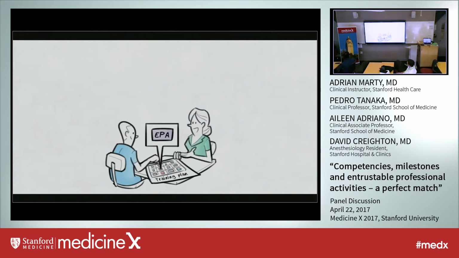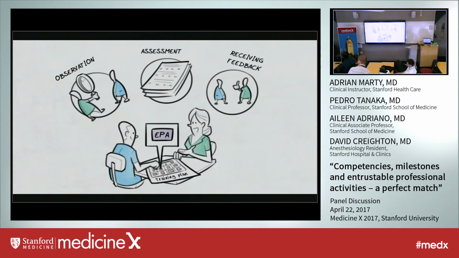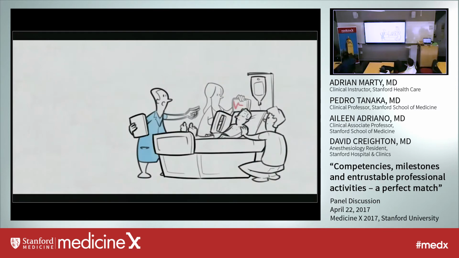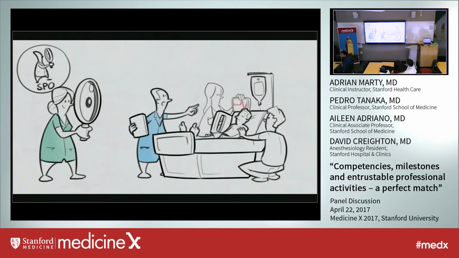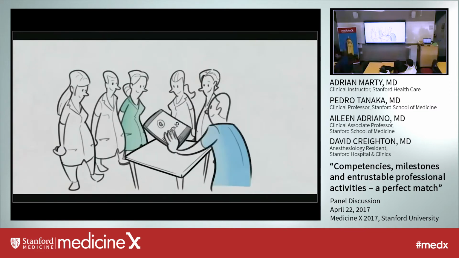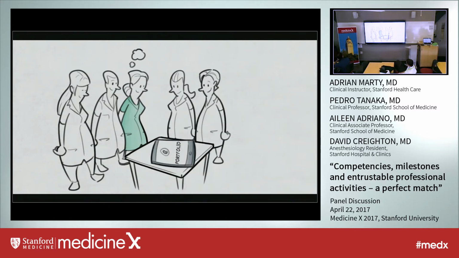Firstly, the resident discusses with the clinical educator the set of instruments that they will use for observation, assessment, and feedback. This gives the resident and the educator a clear impression of what the learning pathway will look like. The resident then gets to work and collects feedback and assessments. In order to demonstrate competence, the resident submits proof of achievements to the Clinical Competency Committee. The committee or team will then meet to discuss the progress.